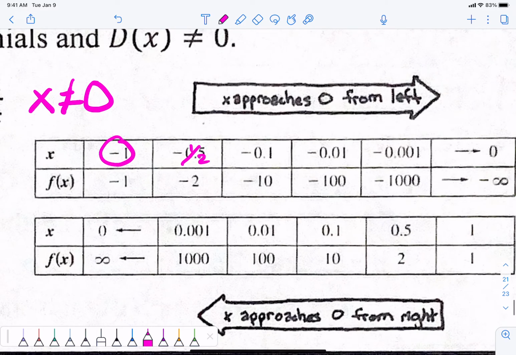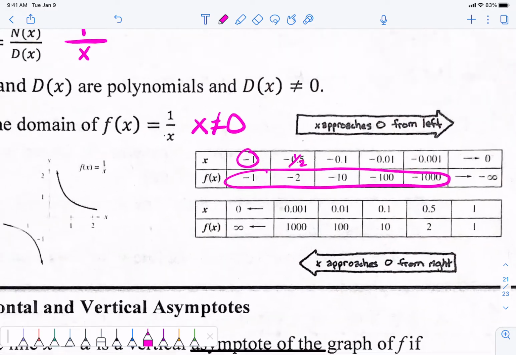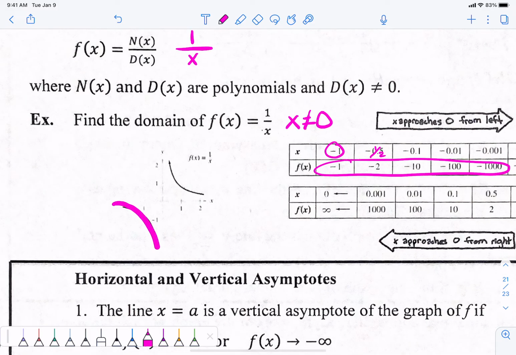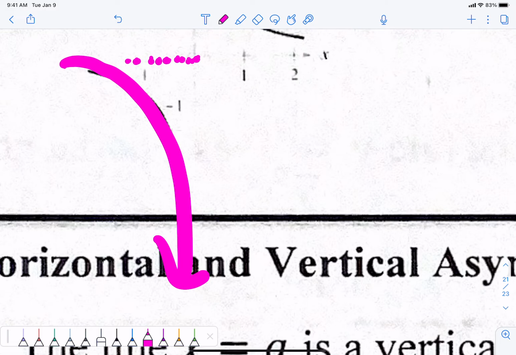What we notice with the y coordinates is they start out like -1, -2, -10. That's not too bad. But then the closer I get to 0, they start going down, down, down, down, down. And that's going to reflect this left half of the graph.